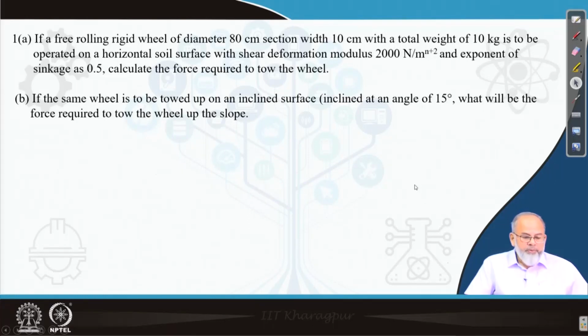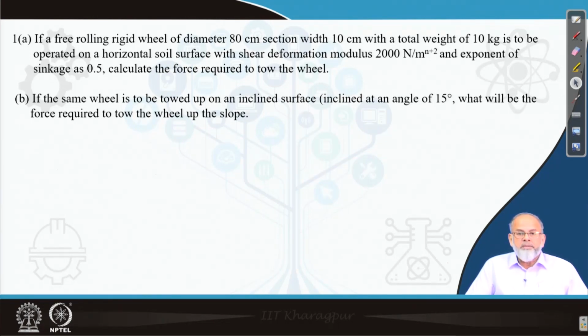Now, if you look at the problem which I have given here: a free rolling rigid wheel of diameter 80 centimeter, section width 10 centimeter and total weight 10 kg has to be operated on a horizontal surface with shear deformation modulus 2000 Newton per meter raised to the power n plus 2 and exponent of sinkage as 0.5.